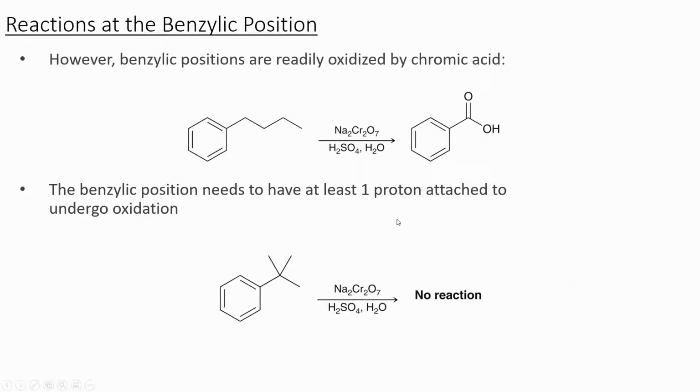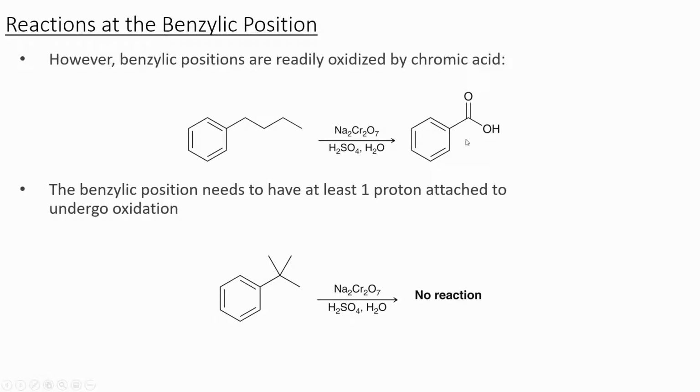But molecules that have a benzylic position are actually readily oxidized by chromic acid. So this position, the benzylic position, we call activated. It's an activated position. And so this reaction will proceed where we can oxidize the molecule up to benzoic acid using Jones reagent. So this is a reaction that you should know.